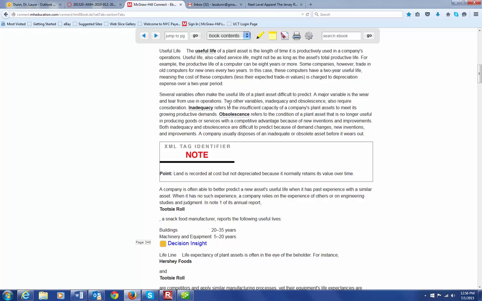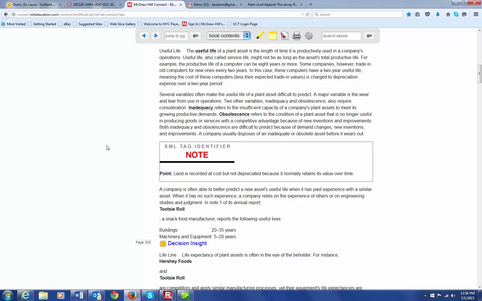As this says here, there's several things that make the useful life of a plant asset difficult to predict. One is the wear and tear from use in operations. You might be harder on a computer than somebody else's because you use it 16 hours a day. There's also things like inadequacy and obsolescence, which means inadequacy refers to that asset being insufficient to do what you need it to do.